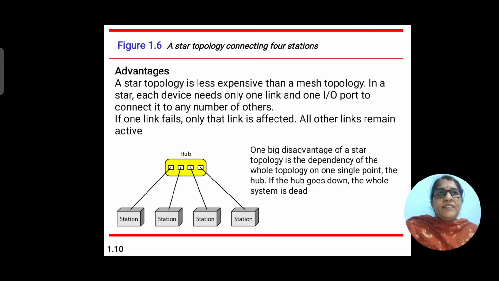If one link fails, only that link is affected. All other links remain active. One big disadvantage of star topology is the dependency of the whole topology on one single point, the hub. If the hub goes down, the whole system is dead.